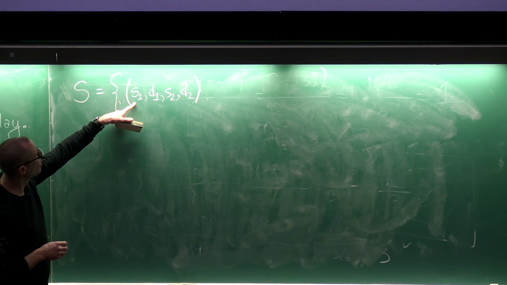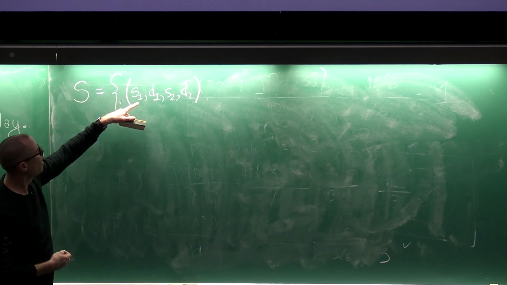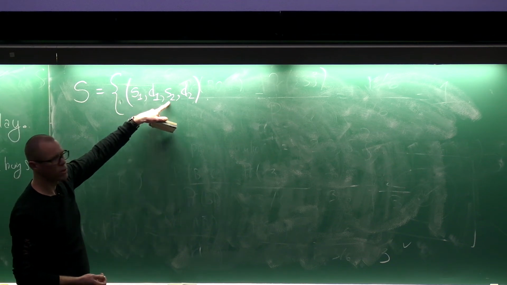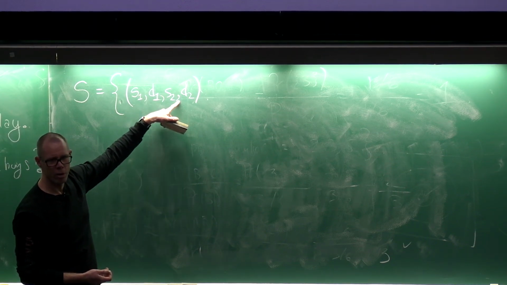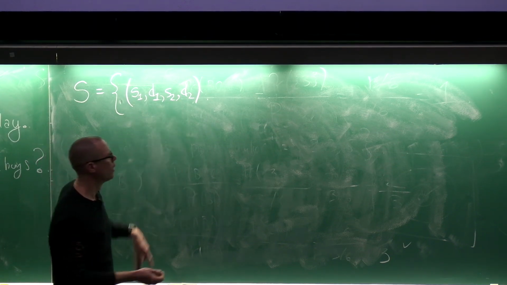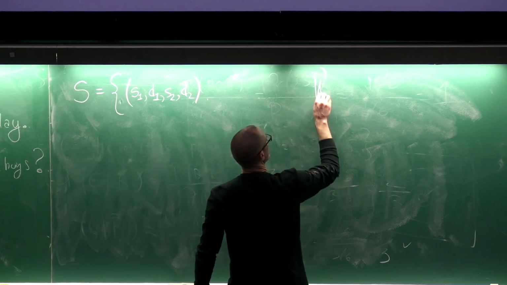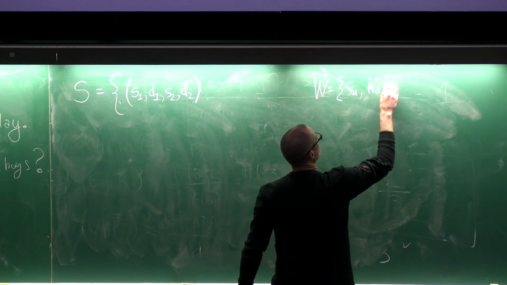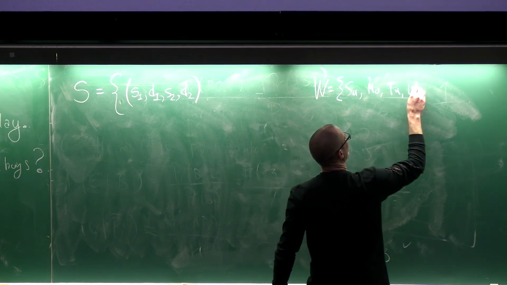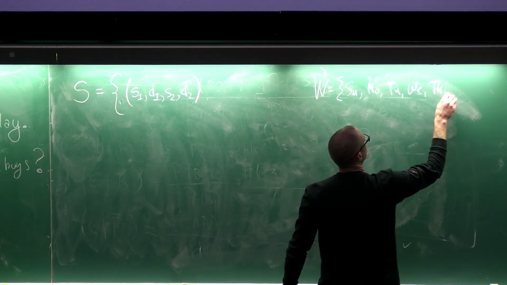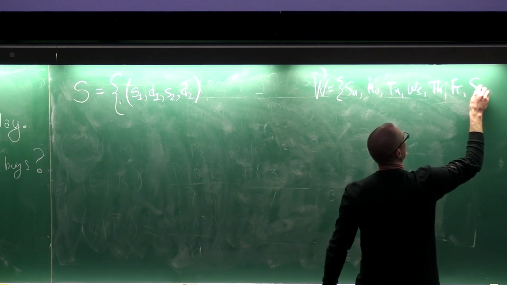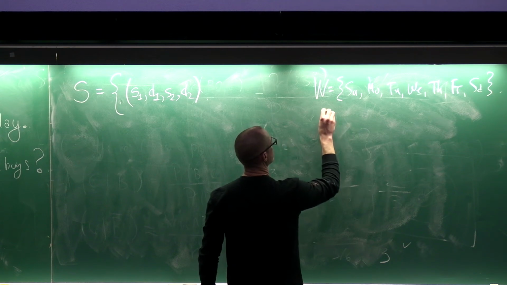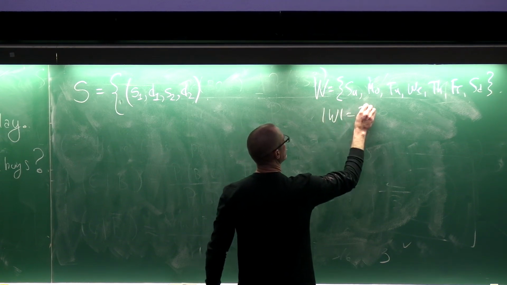So first child was a boy or a girl and was born on this particular day of the week. Second child was a boy or a girl and was born on this particular day of the week. So let's define the days of the week. That's Sunday, Monday, Tuesday, Wednesday, Thursday, Friday, Saturday. So the size of W is equal to 7.